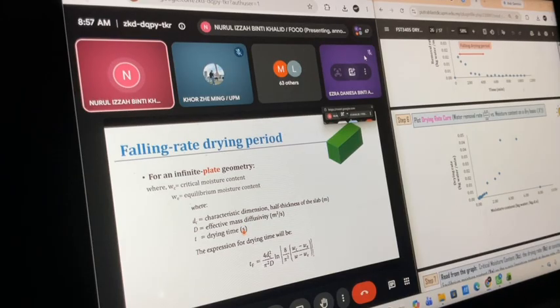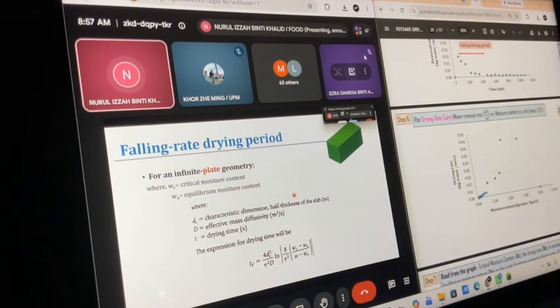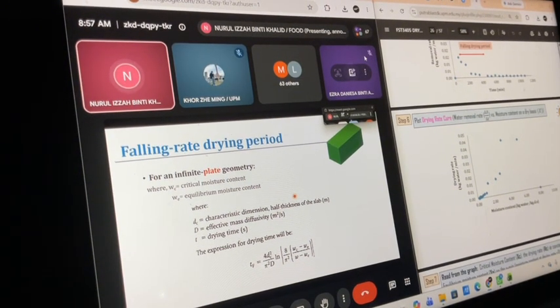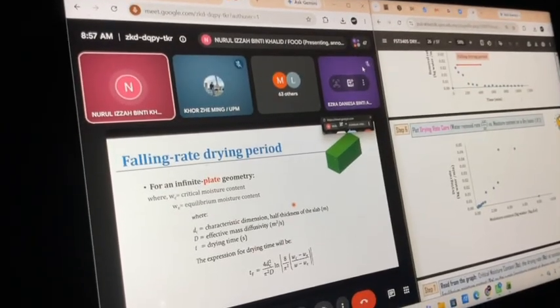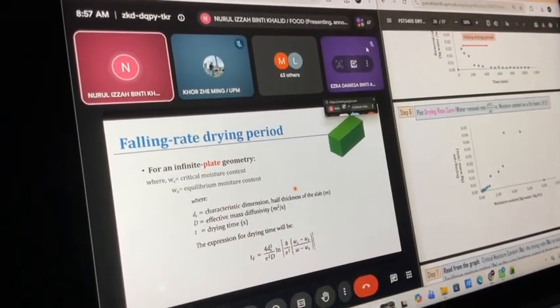Which means that you know the effective mass diffusivity, the characteristic dimension, the half-thickness of the slab, for example. As you have learned in the unsteady state class before with Dr. Chong and Dr. Hanani, different types of shape have different calculations used to measure the heat transfer in the system.